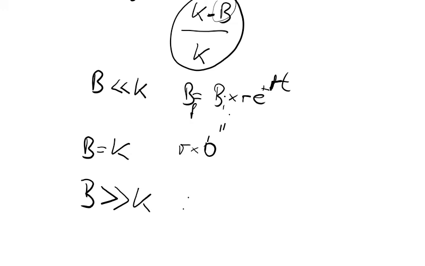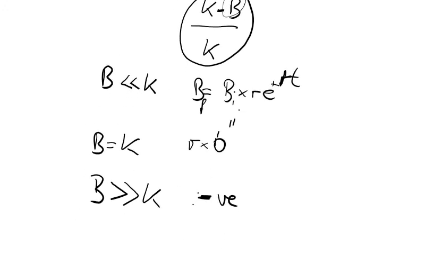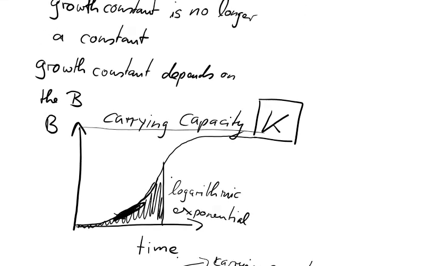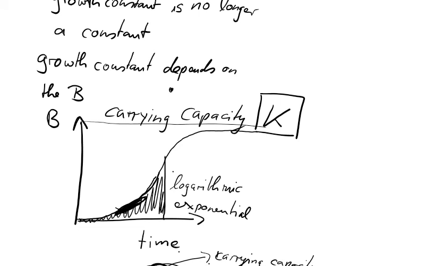The sign will be negative, which means that if we start, for example, somewhere here with our population of rabbits, what will happen to them?